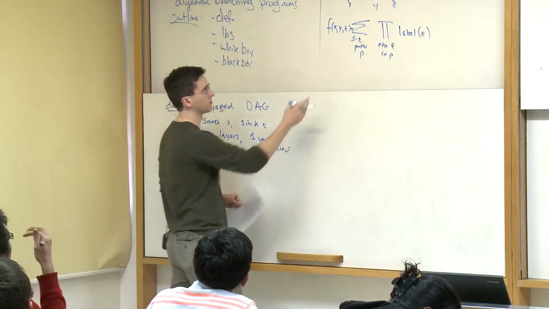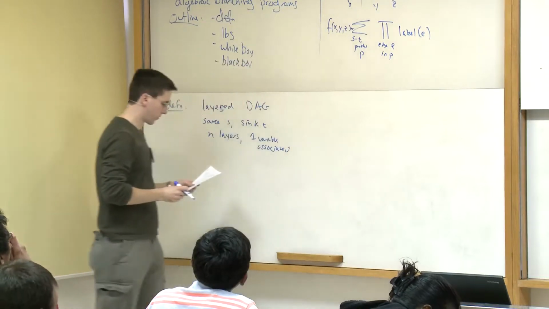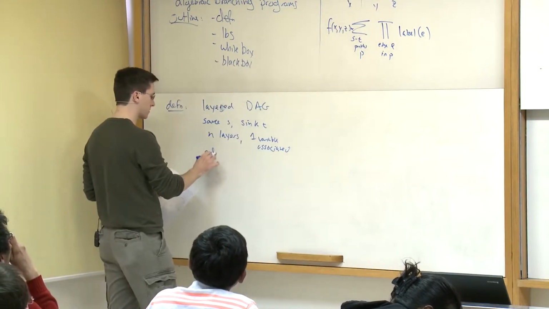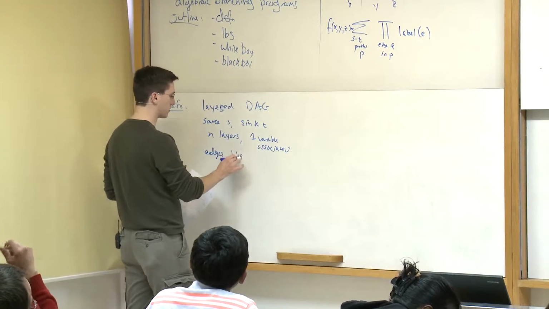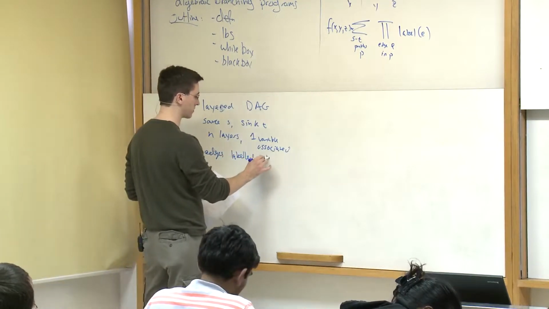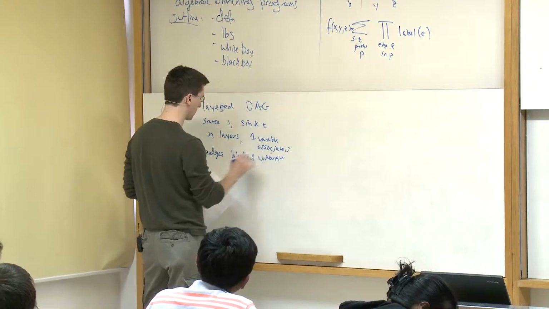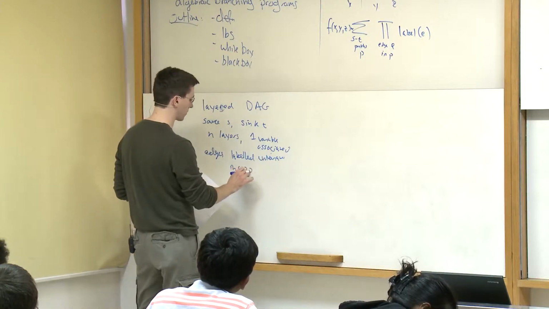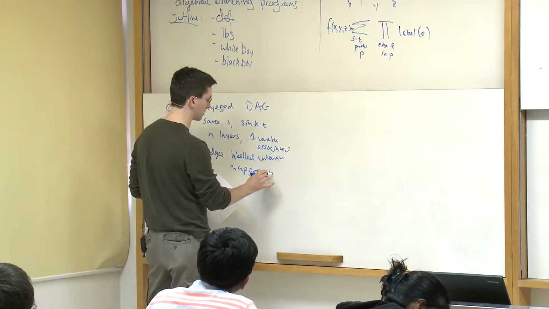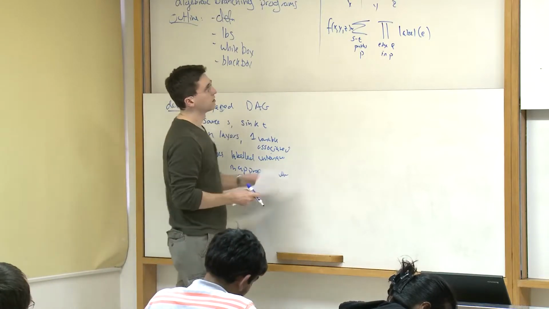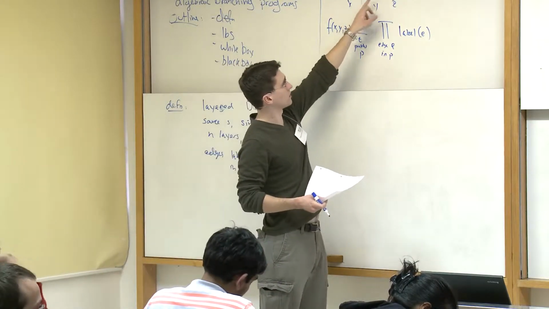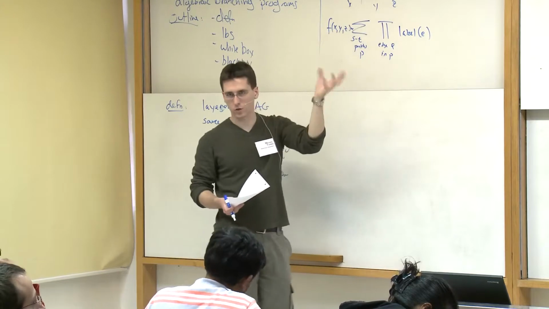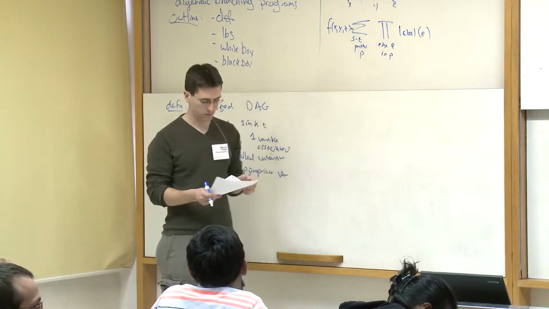In this example, I have x, y, and z. And then the edges will be labeled with univariates in the appropriate variable. What does that mean? Each edge goes from one layer to the next. That layer is associated with a variable. The univariates are in that variable.